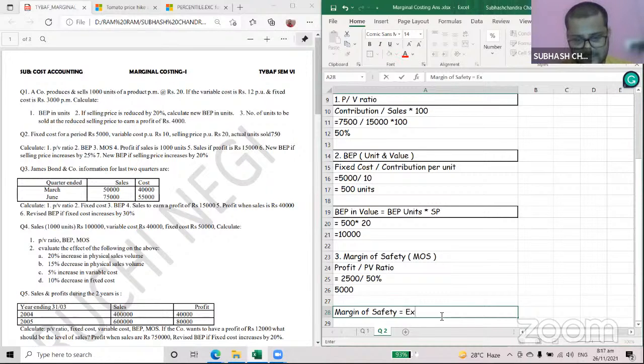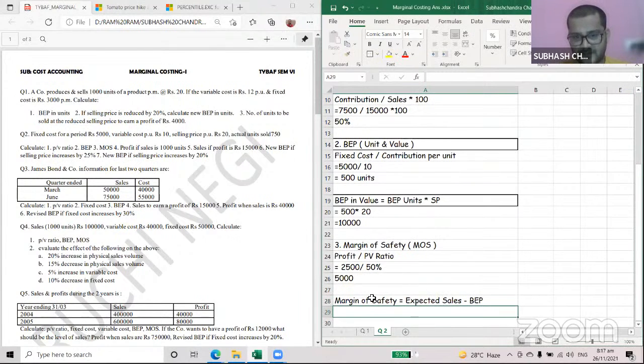that is expected sales, or here instead of expected we will take actual sales, minus BP.